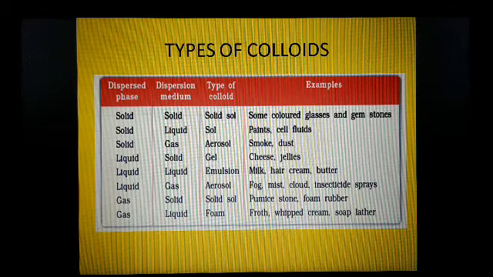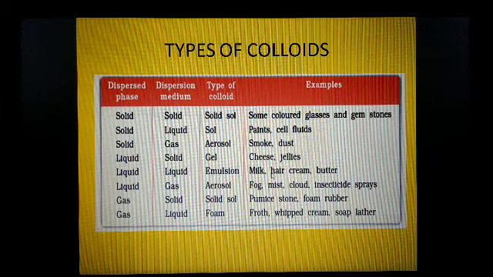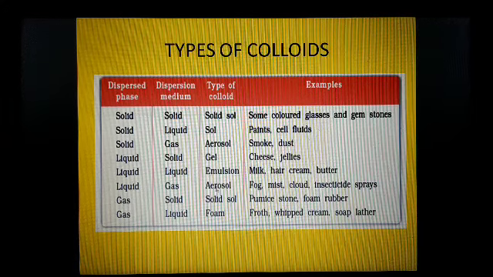Liquid in solid is called a gel. You must be aware of gel, like jellies and cheese. Liquid in liquid is called an emulsion, like milk, hair cream and butter. And next is liquid in gas, aerosols like fog, mist, cloud, insecticide sprays.